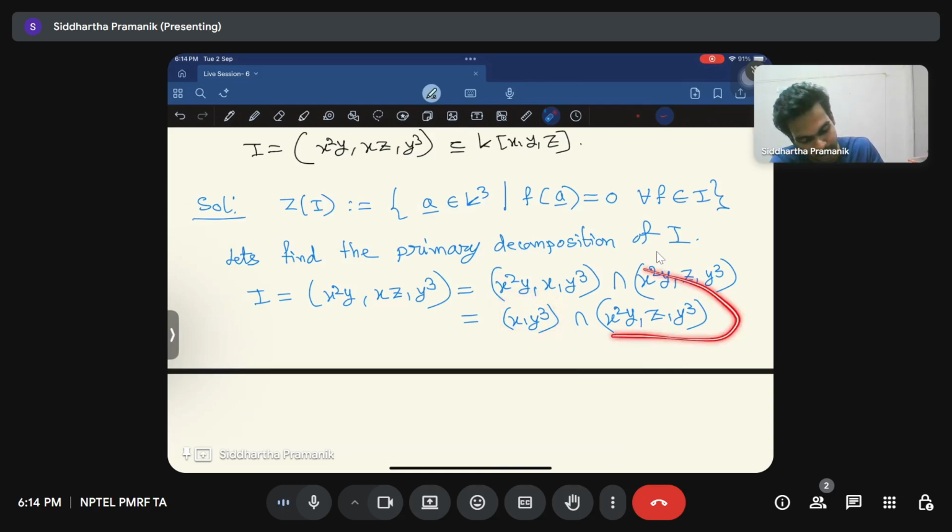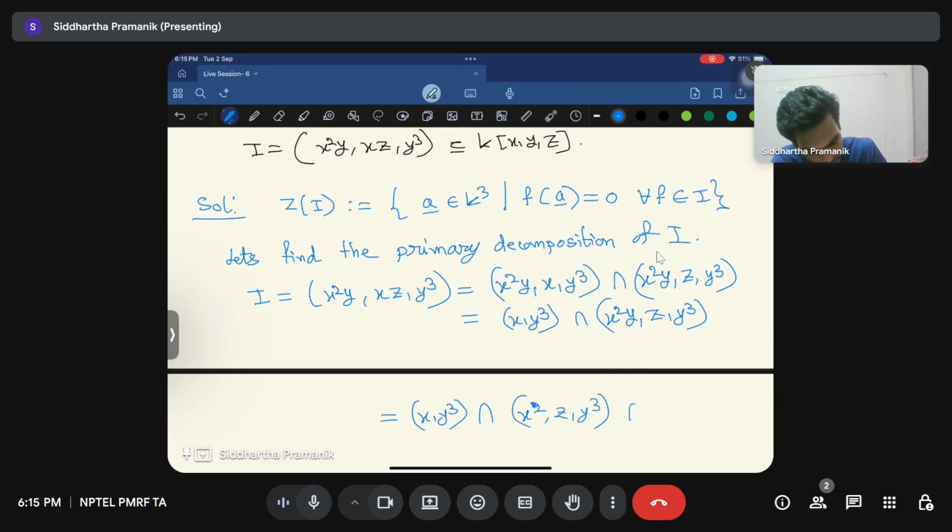So we need to break this part now. Here x squared and y are relatively prime, so again we will use the same trick. So we can write this as (x, yz) intersection (x squared, z, yz), again intersection with (y, z, yz).